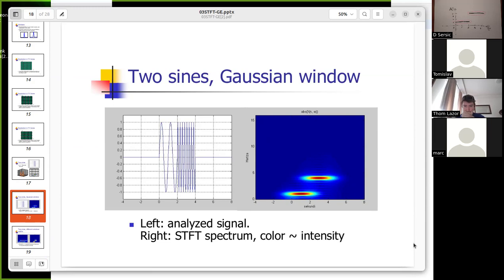There are many technical applications of the short time Fourier transform. You can apply it directly for analysis of something, for example speech, where it is very, very often used.